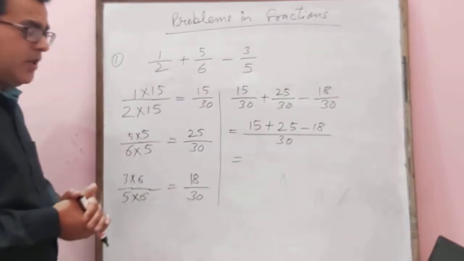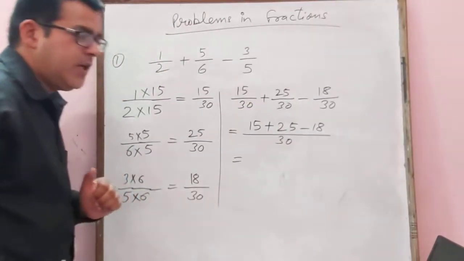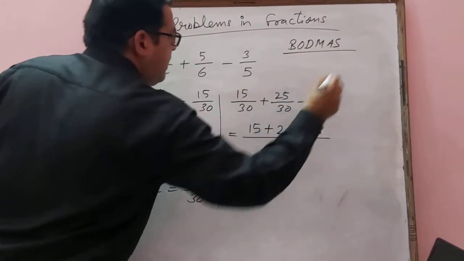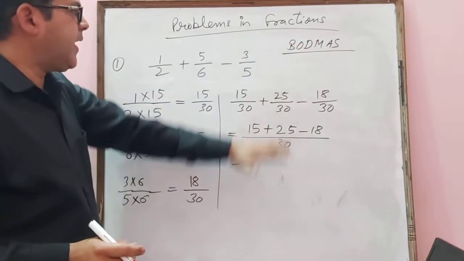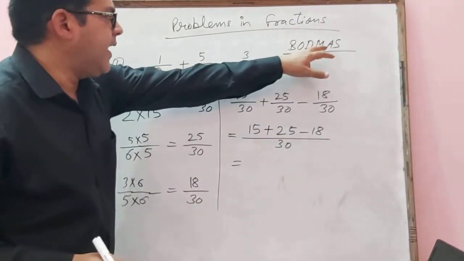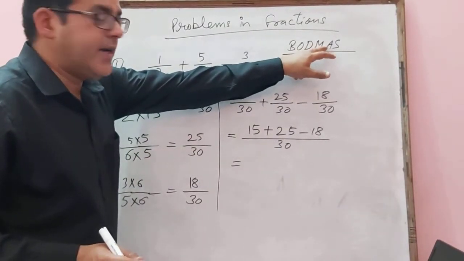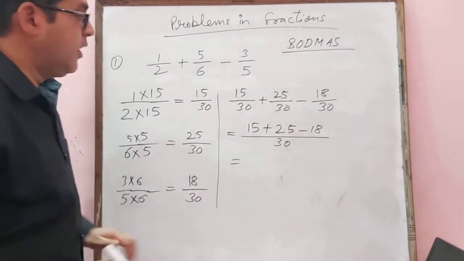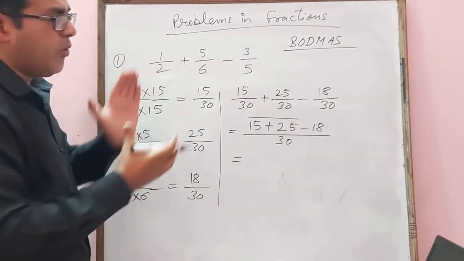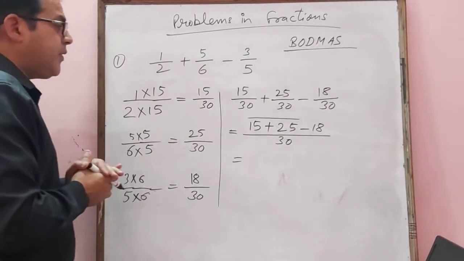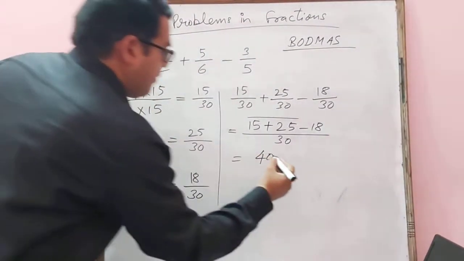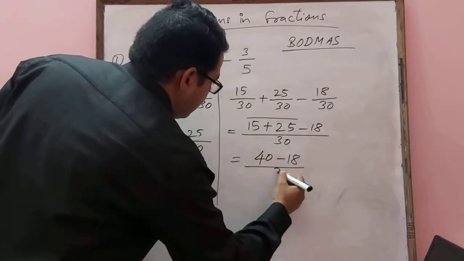Right? So 15 plus 25 minus 18. How can you solve it? First you add 15 and 25. You can use the BODMAS rule here. What does BODMAS mean? Bracket, of. There is no bracket, no of. Then division, there is no division. Multiplication is not here. Then addition, we have to do addition first, and at last subtraction. So we add 15 with 25 first using the BODMAS rule. 15 plus 25 will make 40, and minus 18 we write as it is.